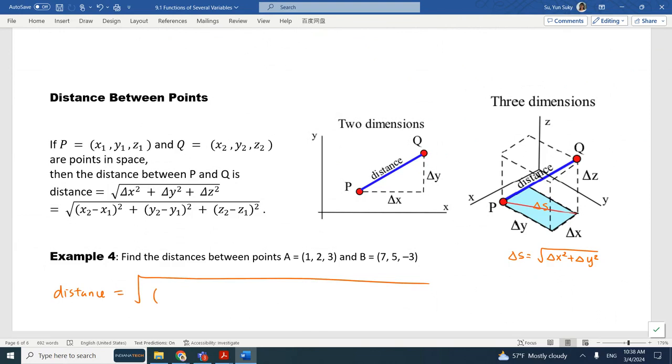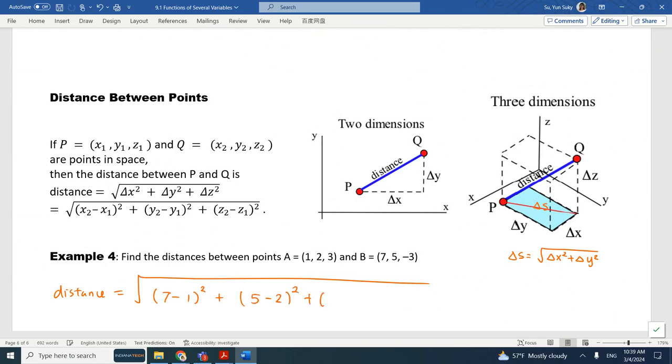So the distance between those 2 points is the square root of, look at your change of x. What is it? 7 minus 1, squared. How about your change of y? What minus what? 5 minus 2. Good.